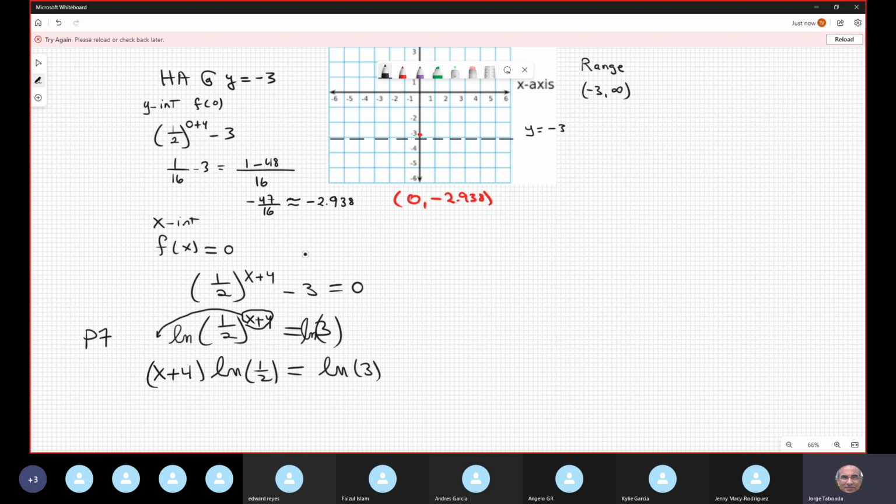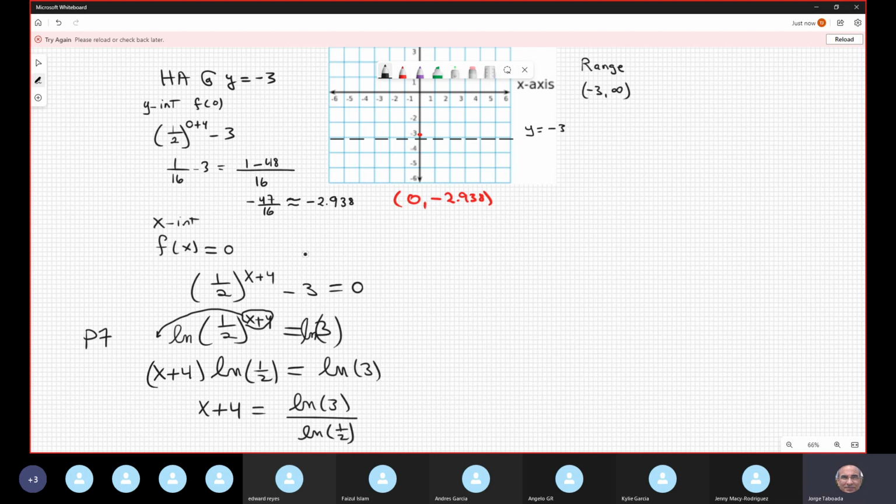Okay, now distribute. This is not an exponential equation anymore. This is now a linear equation because the logarithm of 1/2 and the logarithm of 3 are just numbers. It's a weird number, I understand, but it's a number. We can put it in a calculator anytime. Now x plus 4 is equal to ln 3 divided by ln of 1/2.